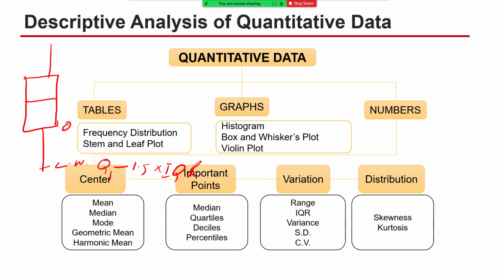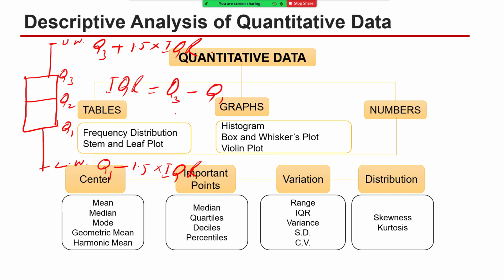This is the value of Q1, this is the value of Q2, this is the value of Q3, and this is the upper whisker, which is going to be calculated with the help of Q3 plus 1.5 into IQR. The height of this box represents the variation in the data. So the IQR is equal to Q3 minus Q1. This height also represents the value of IQR, whereas Q2 is equal to the median, which is basically the center point of the data.